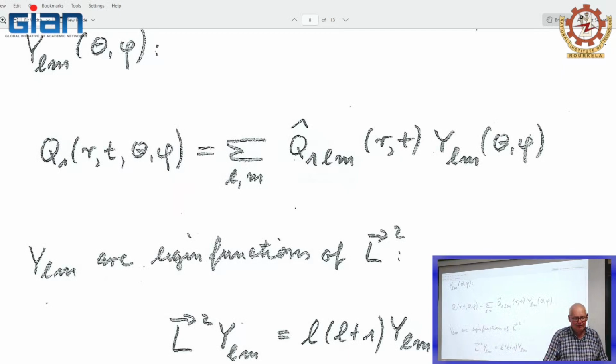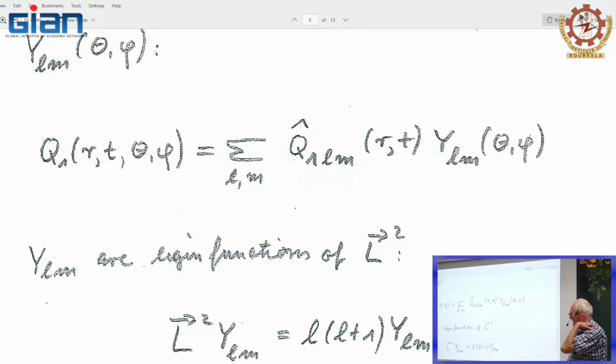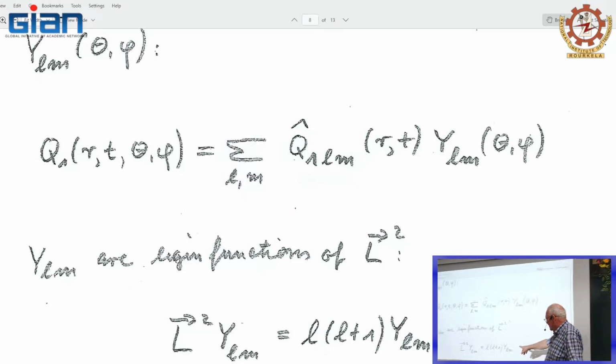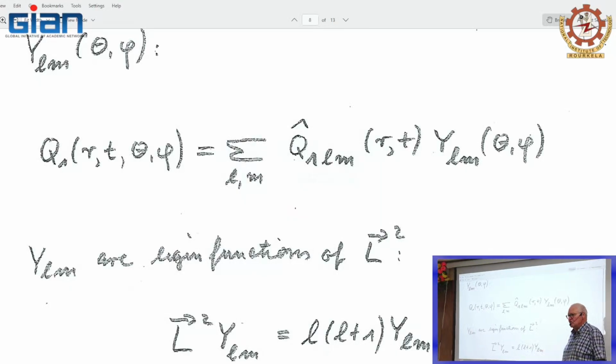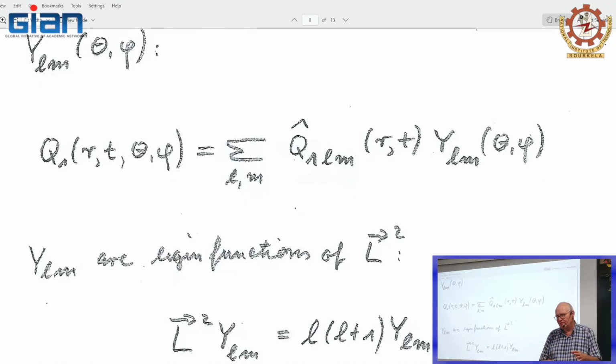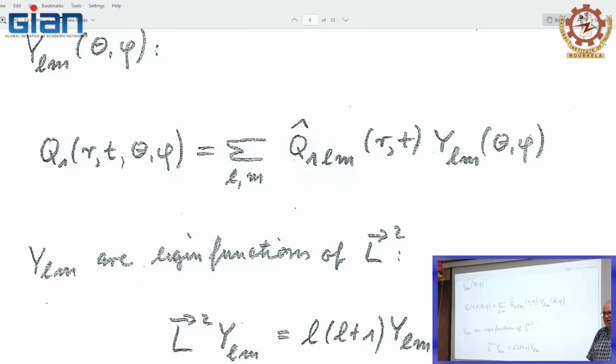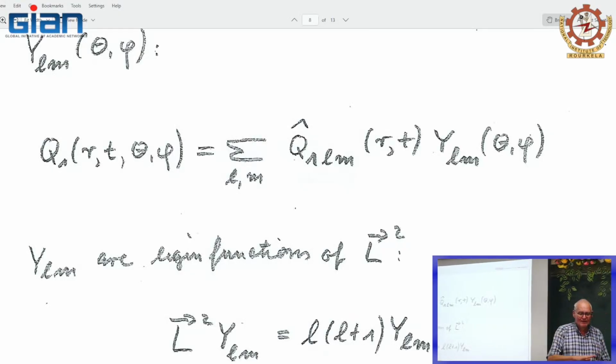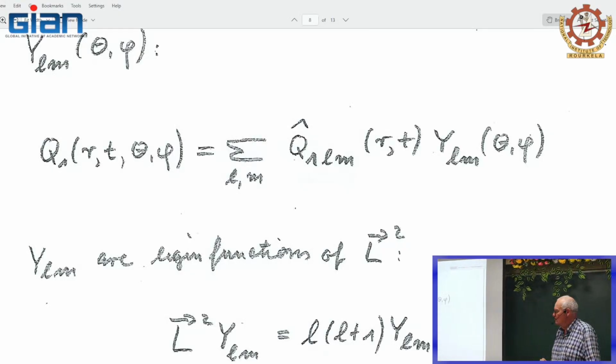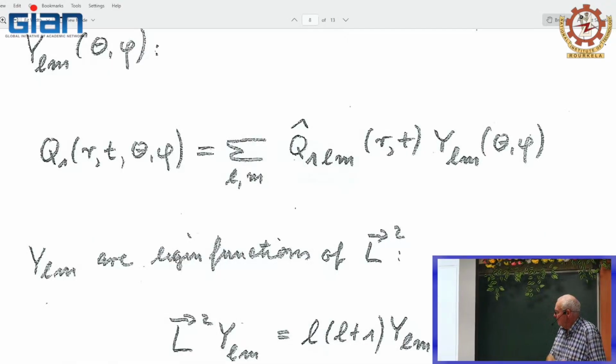This is the eigenvalue of the operator L squared times the function. So this operator will not mix different spherical harmonics. Acting on one spherical harmonic, it reproduces the same spherical harmonic with a factor l(l+1). It does not mix different spherical harmonics.